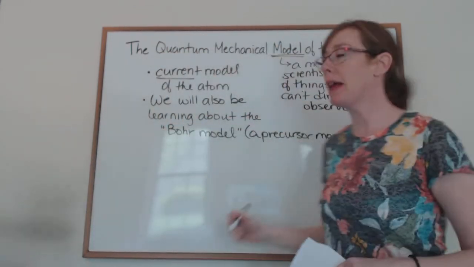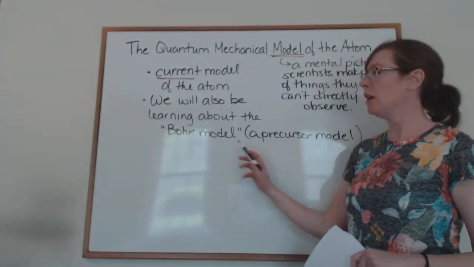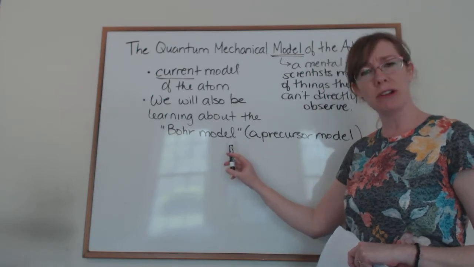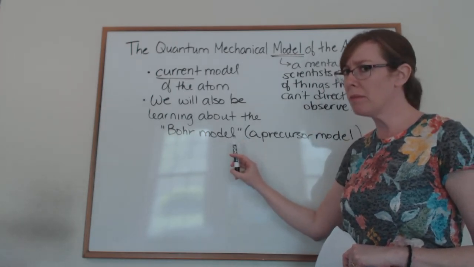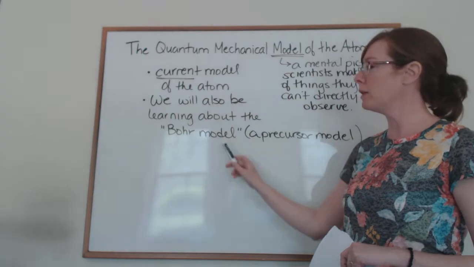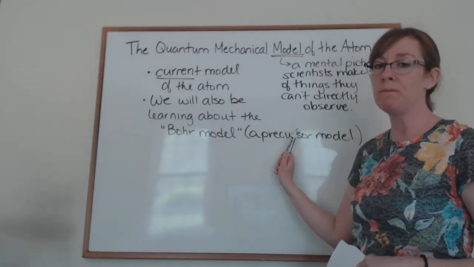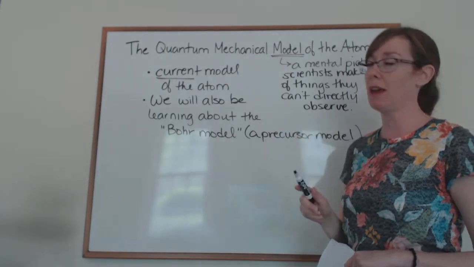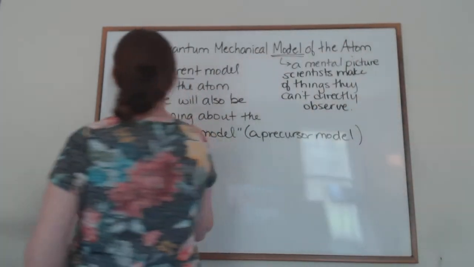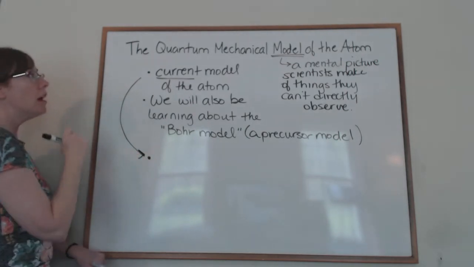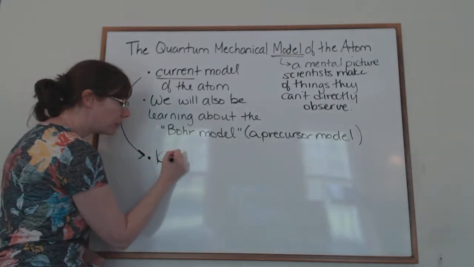And actually, I can tell based on drawings that they've used, some people still aren't under the impression that the Bohr model is not the current model, and that's one thing I'm trying to unwind with this. So we will be learning about the Bohr model, which is our precursor model to the current model, the quantum mechanical model.